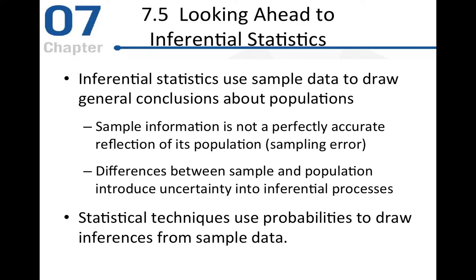There is that element of sampling error, and we use standard error to calculate the average distance from the population mean to our sample mean, and that's a way for us to quantify sampling error on average. So the distance between sample and population introduces uncertainty into inferential processes.